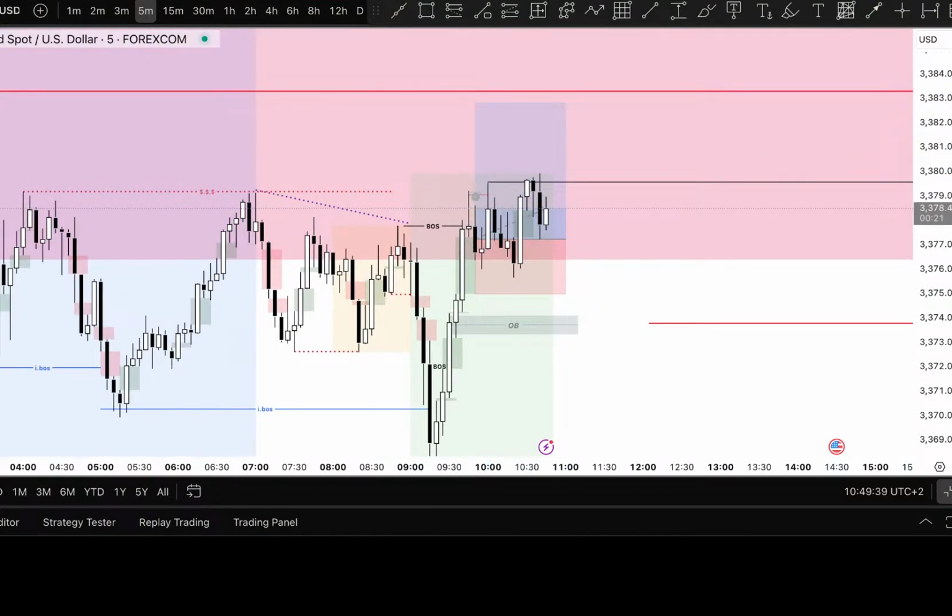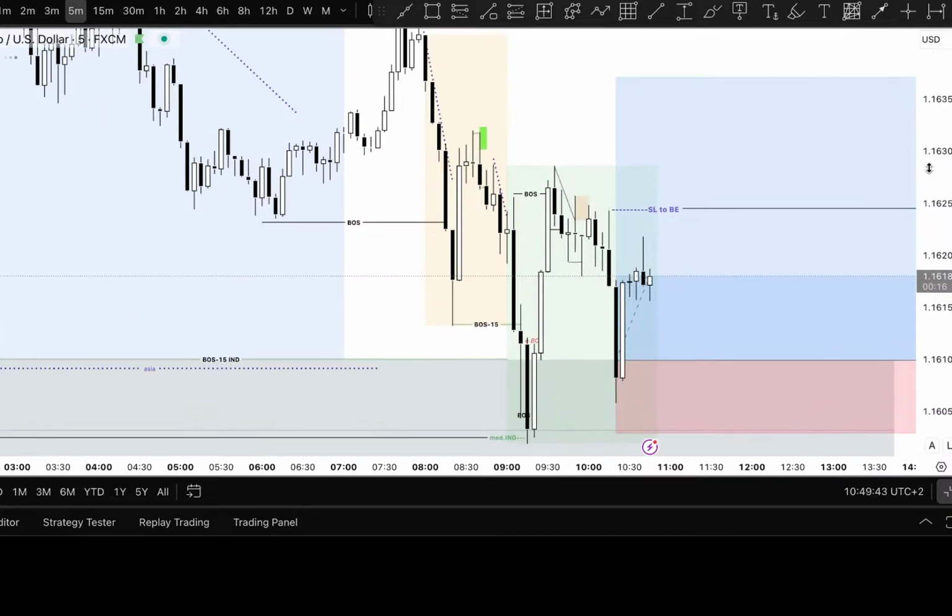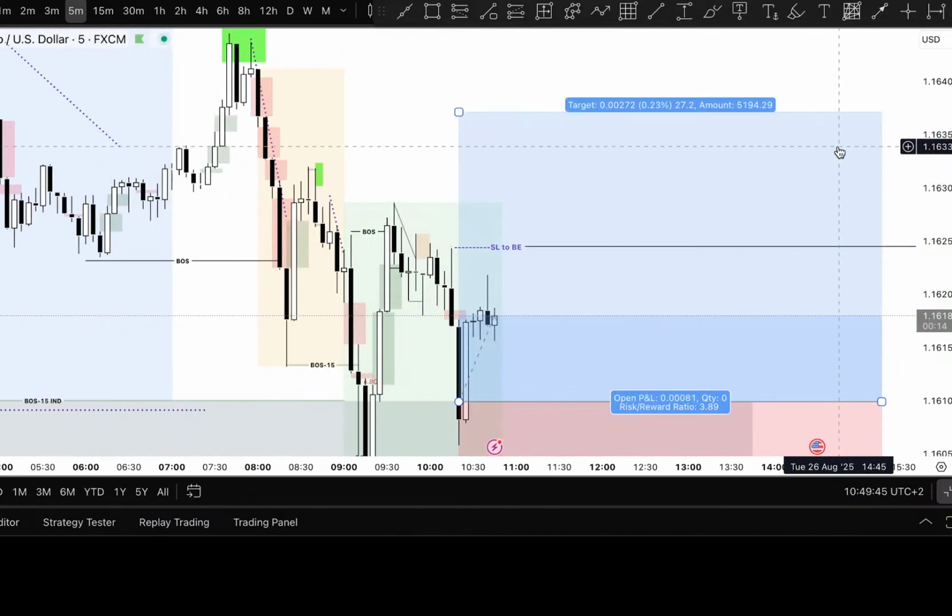Let us see what's happening in the Euro USD. And they're in the low. Yeah, I'm putting this at break even too. Where do I need to risk any more money? If it wants to go up, it goes up.